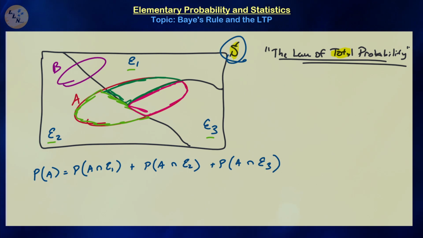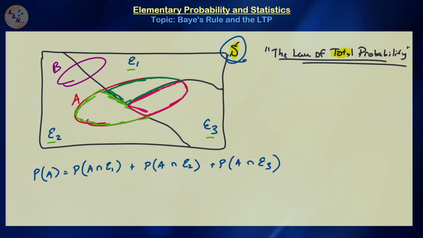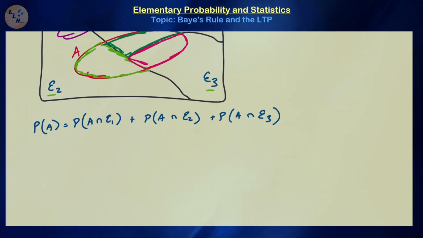Now, as I mentioned before, sometimes we do not know the simultaneous occurrence probabilities of A and E1, A and E2, A and E3, all of them or some of them, right? So we need all of them with respect to this, and that's not useful. But what we can do is use the product rule representation for each of these intersections, right?